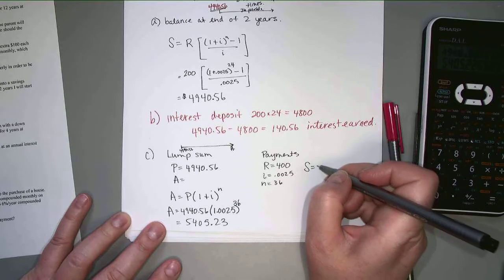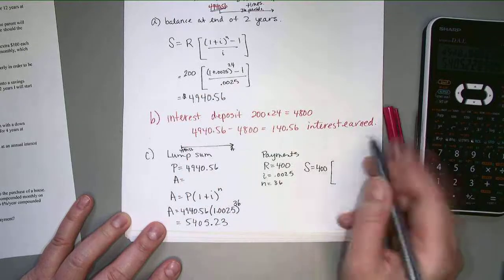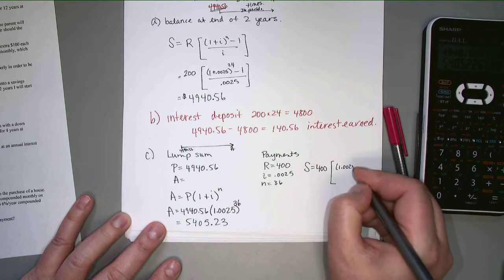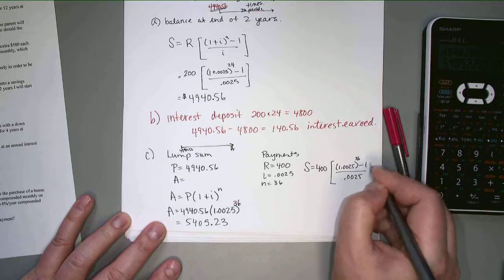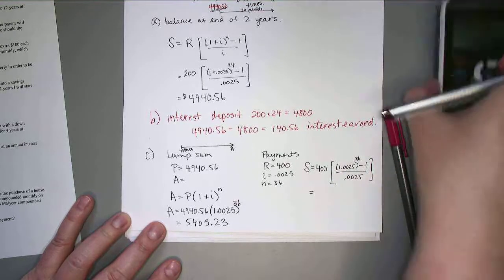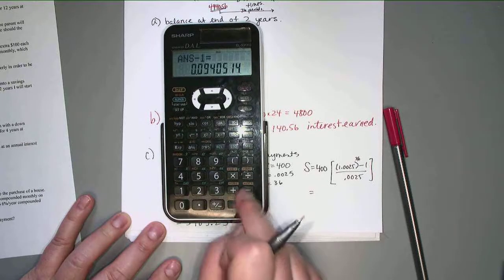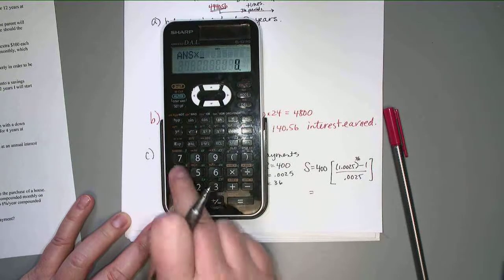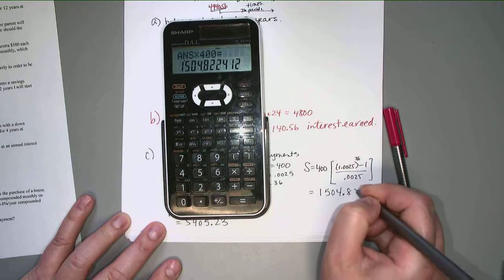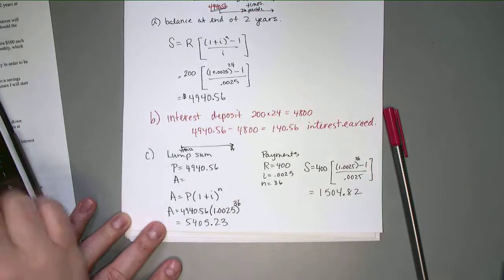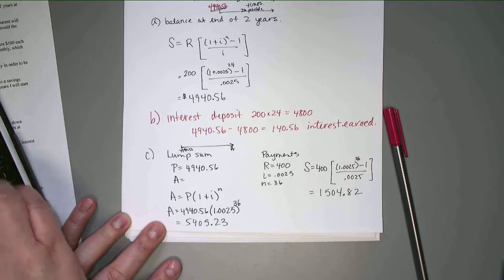So 400, I'm just looking up here at the formula, 1.0025 to the power 36, that can't be right.